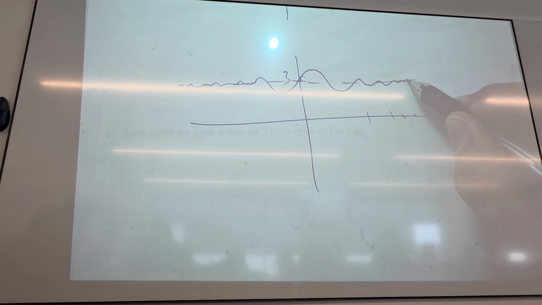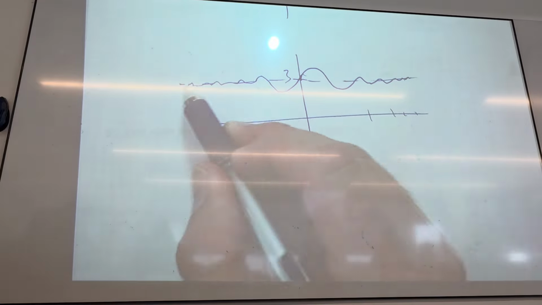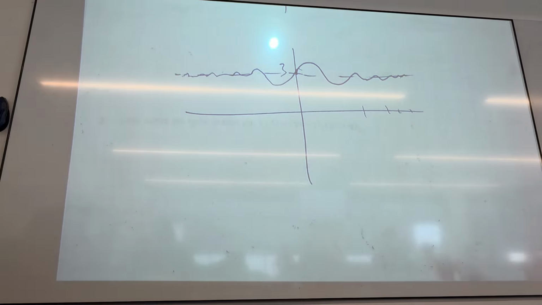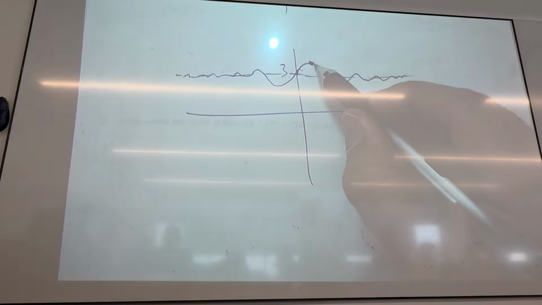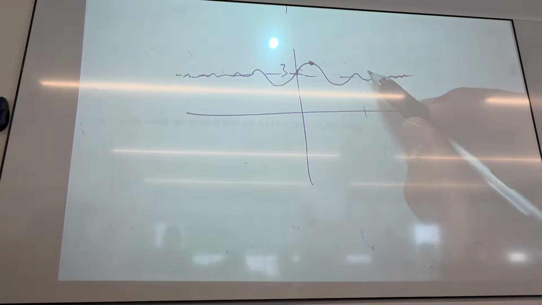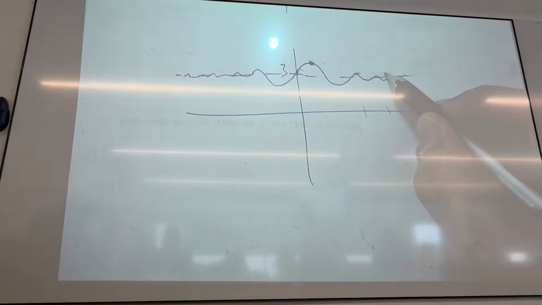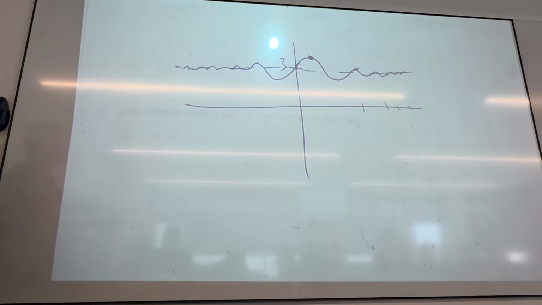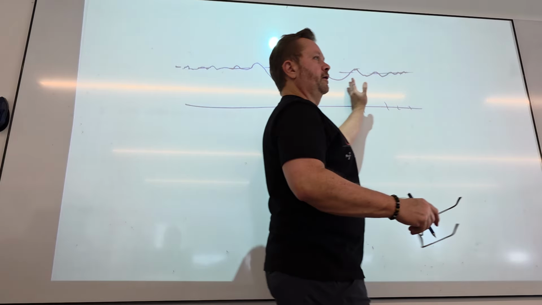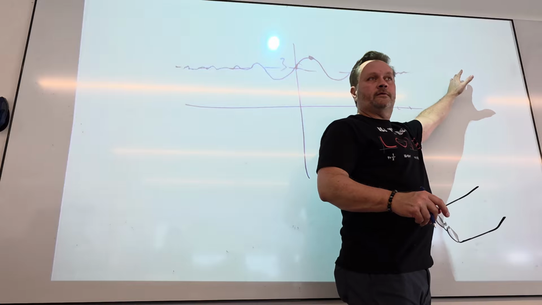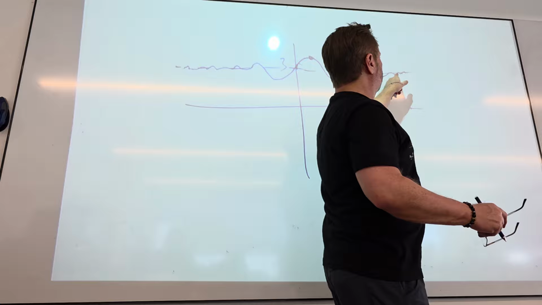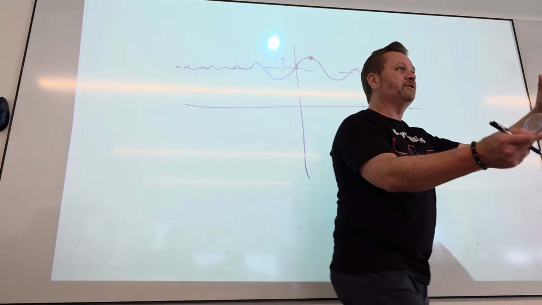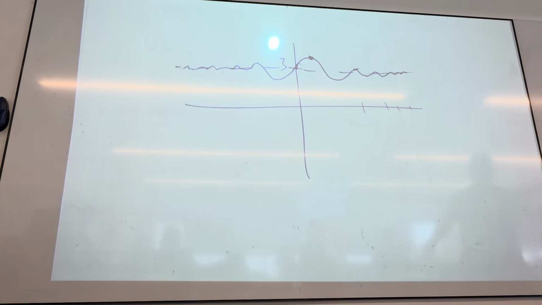This is 3, yes? Is it close to 3 here? Not really. Is it ever this far away from 3 again? No. Is it close to 3 here? Closer. Is it ever this far from 3 ever again? No. Is it getting closer to 3 over time? Yes. How many times does it go through the horizontal asymptote? Infinite number of times.